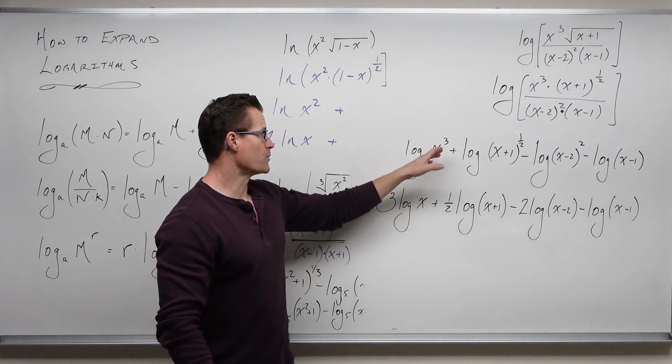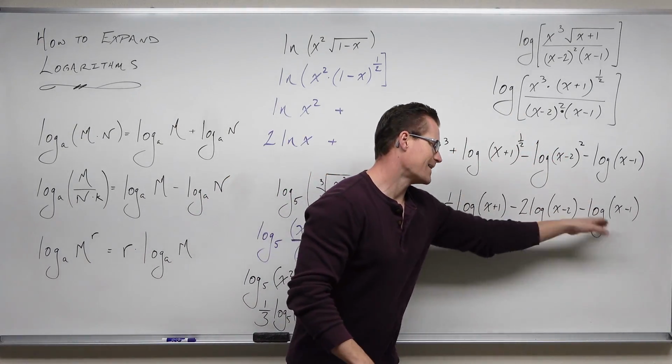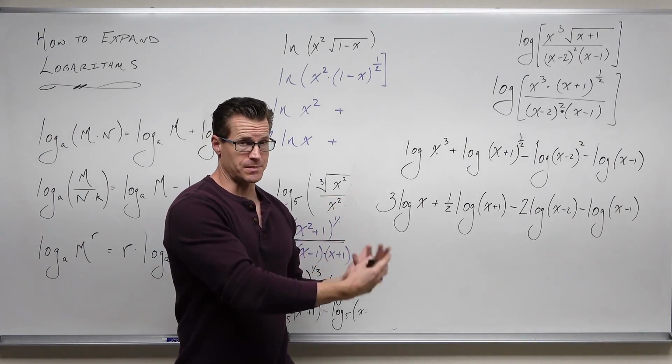And so we moved all of them. We have that 3 as a coefficient, the 1/2 as a coefficient, the 2 as a coefficient, and that looks pretty good. This is as far as we can go. So this is what we would call fully expanded.